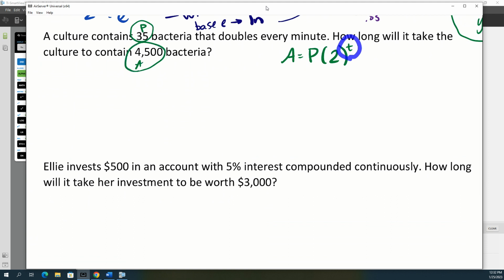We're looking for the time that it takes for 35 bacteria to turn into 4,500 bacteria. All right, so I'm going to plug those into the formula. And just like the last problem, our first step is to divide. So we're going to divide by that 35.